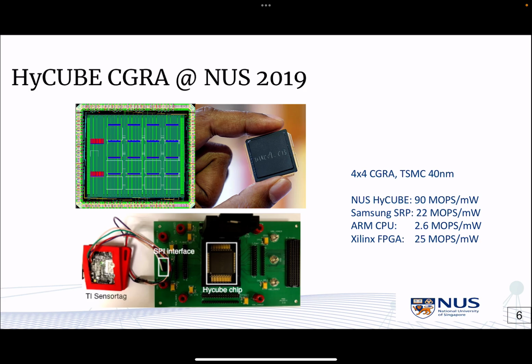HyCUBE CGRA was fabricated in 2019 in our group in NUS. It is a 4x4 CGRA, which can reach 19 MOPS per milliwatt power efficiency.